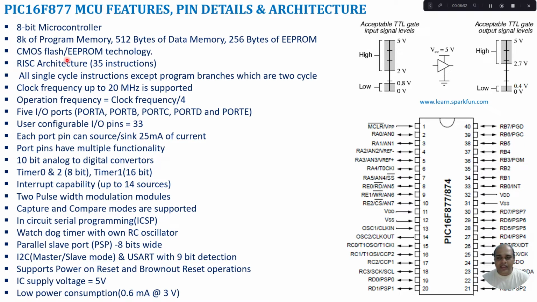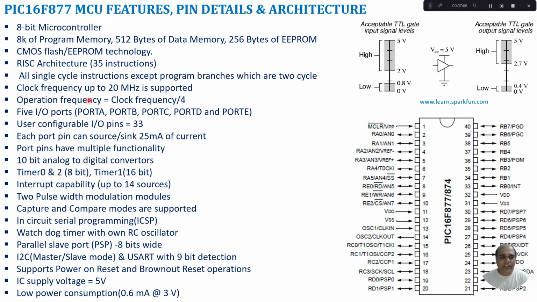If a register has the data and that register is specified in the instruction, we call it register addressing mode. Register indirect addressing mode means a register contains the address of the data. So it supports different addressing modes, and the number of addressing modes is small in a RISC architecture. Also the instruction size is fixed. Here in our case, it is 14 bits.